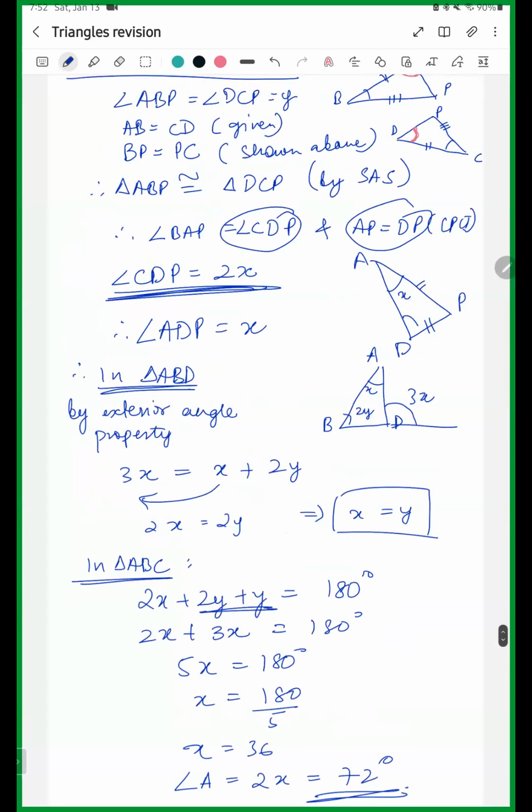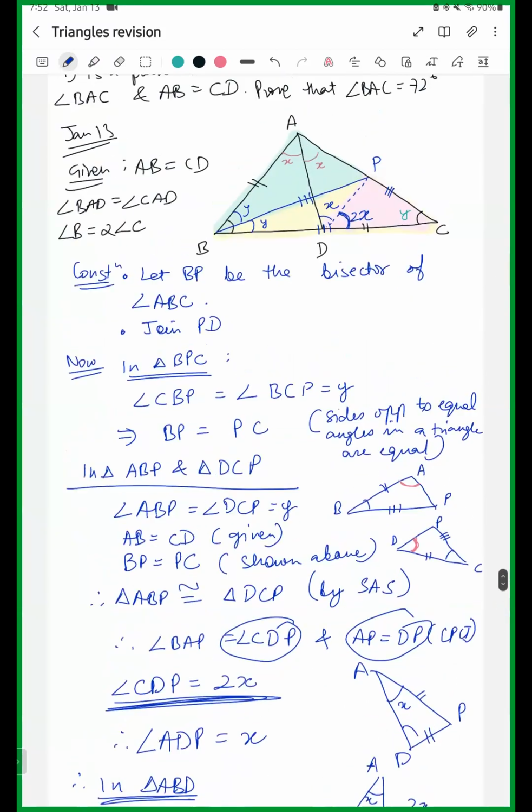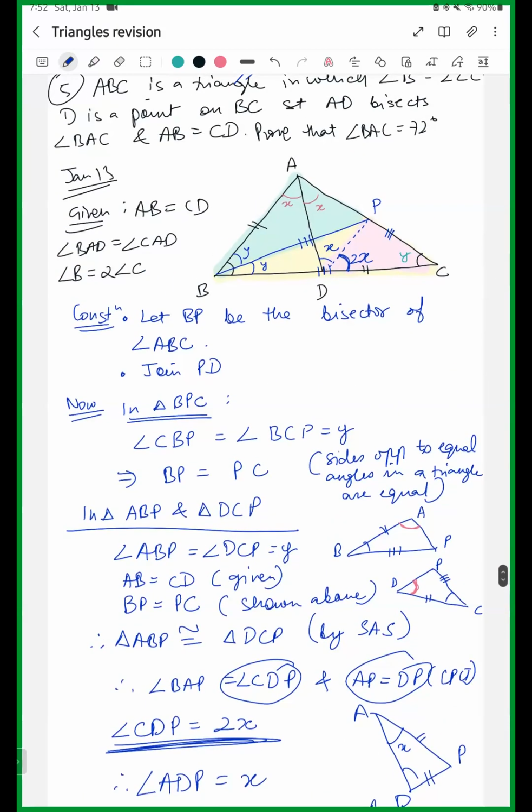So let's just go through this again. What we did first was we did some construction. We knew that this is given to us, angle B is twice of angle C. So this is given as twice of this angle.